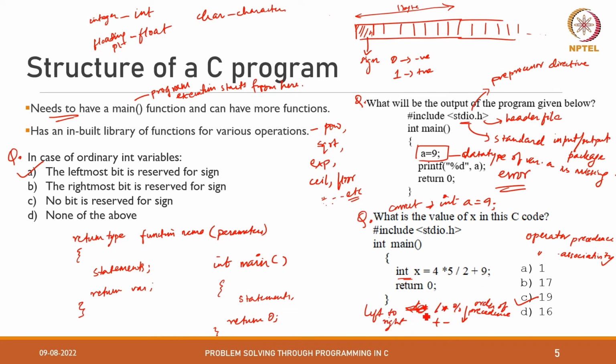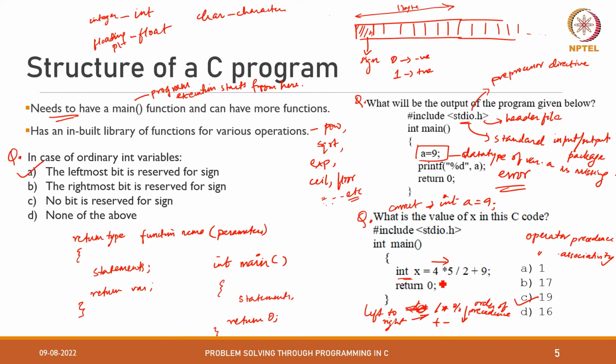It means that when we have operators of the same precedence in an expression, we will always evaluate from the left to the right. Because multiplication and division are of the same precedence, associativity tells us that we evaluate from left to right.